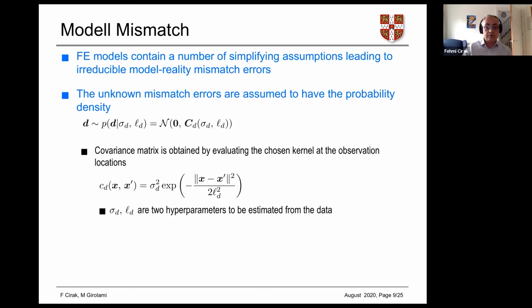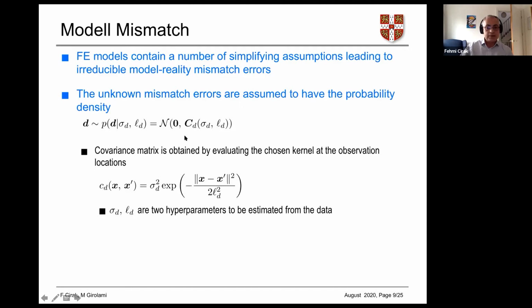And here we have some irreducible errors. So we model that with a random variable, and this is the other variable in our decomposition, D. We assume that this also has a normal density, like this one.